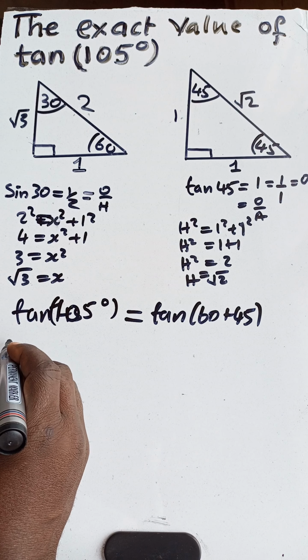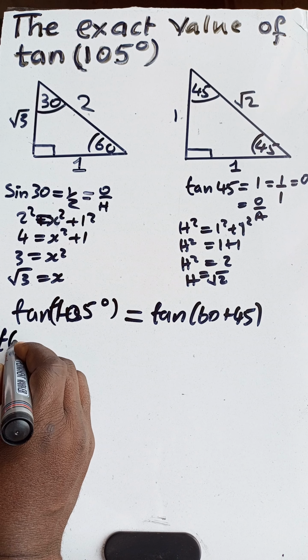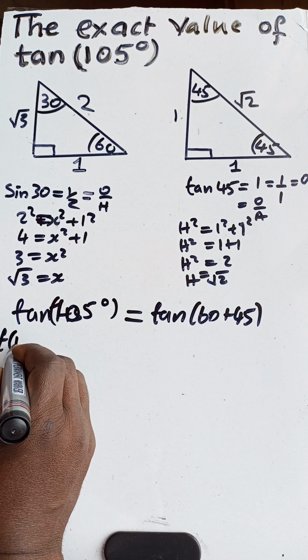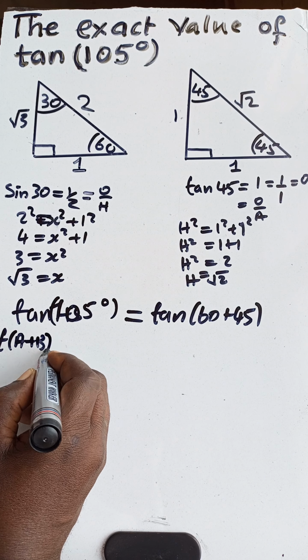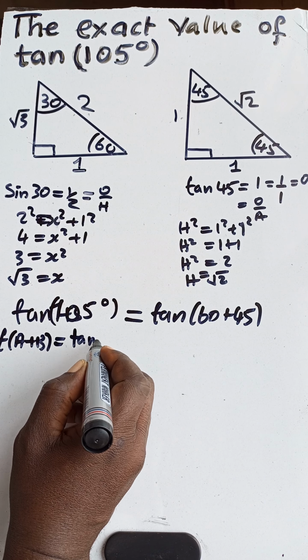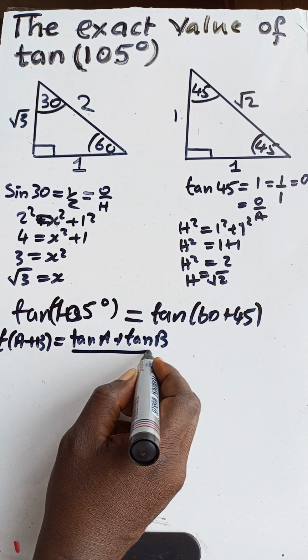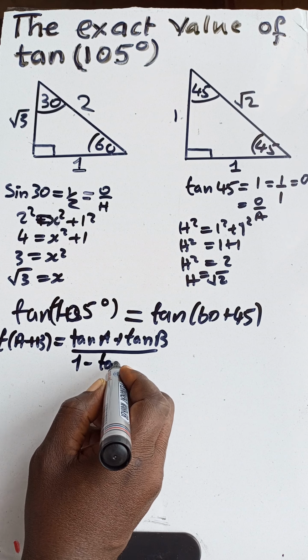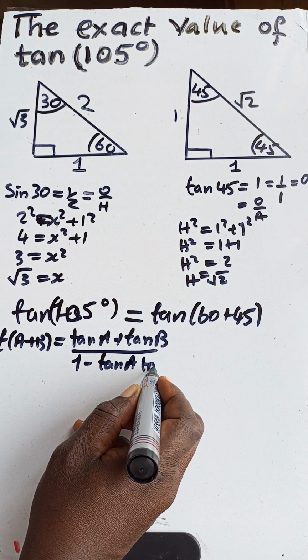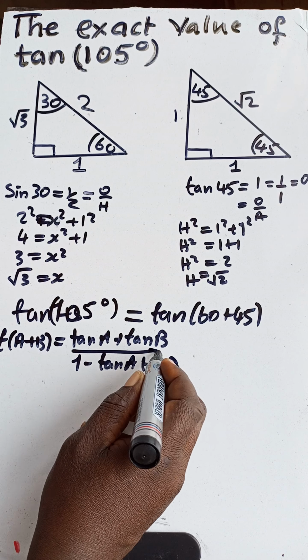And we know the trigonometric identity for tan of A plus B. It is tan A plus tan B all over 1 minus tan A tan B.